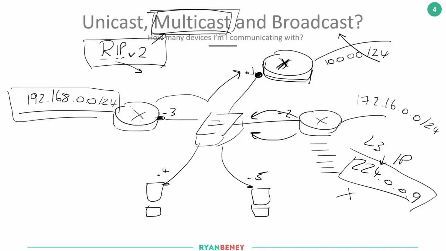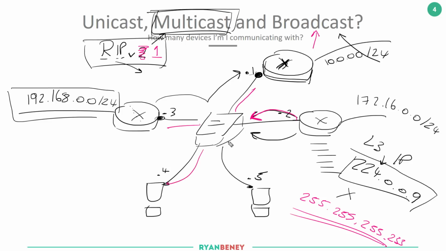Now if we were not running version 2 and instead we were running version 1, it uses broadcast, which means instead of the 224.0.0.9 address, it's actually 255.255.255.255. This means everyone. So when this router sends out its routing update to say, hey everyone, these are the subnets that I'm aware of, it will go to every single host.